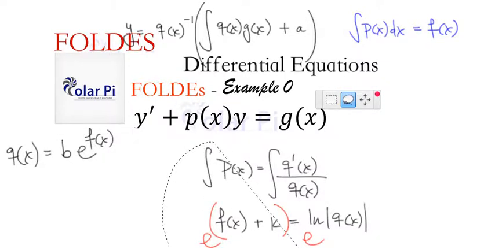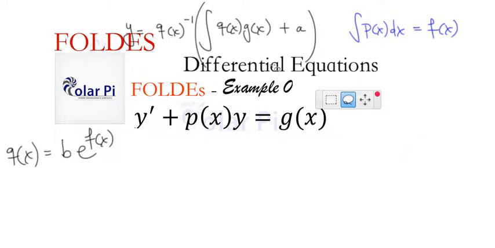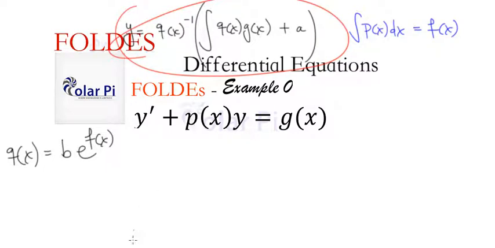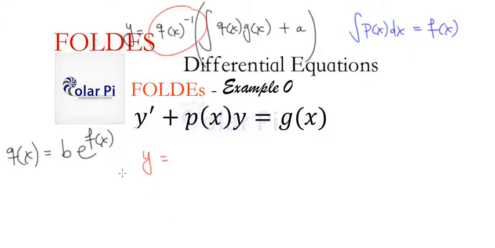So we actually already have found the solution y. It's just that we want to write it nicer. So y is right up there. Okay, so now let's rewrite our solution y and clean it up. y is equal to q of x to the negative 1, so that means b to the negative 1 and then e to the negative f of x. b to the negative 1 I'm just going to write as 1 over b. So we have 1 over b times e to the negative f of x, and that's q to the negative 1.